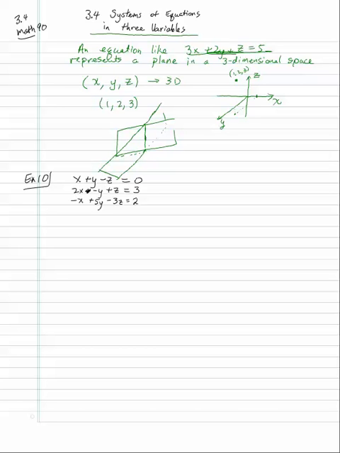Two planes can intersect at a line right there. If you have three planes, they can intersect at a point, they can intersect at a line, they can intersect at 3 different spots, not all at the same time, so lots of stuff can happen in 3 space.